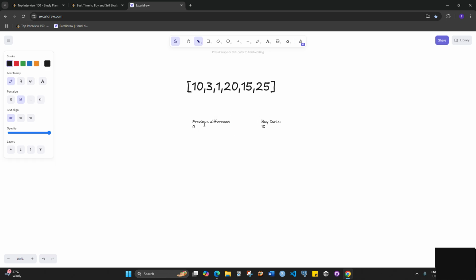And then from 10 to 3, the difference is going to be minus 7. Since the difference is minus 7, we change the buy date to the 3. Okay. Now from 3 to 1, the difference is negative 2. So then, since the difference is negative 2, we change the buy date to 1.